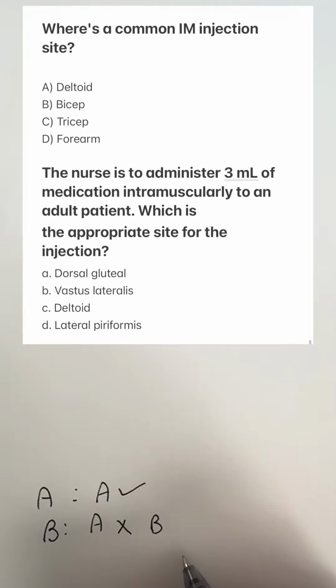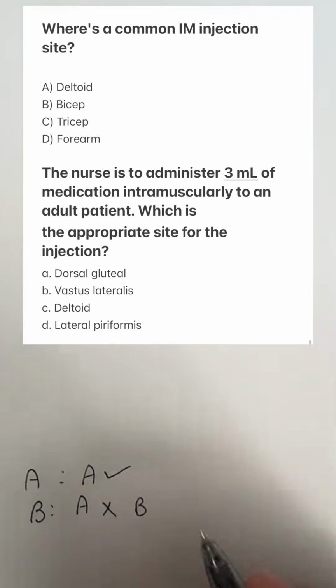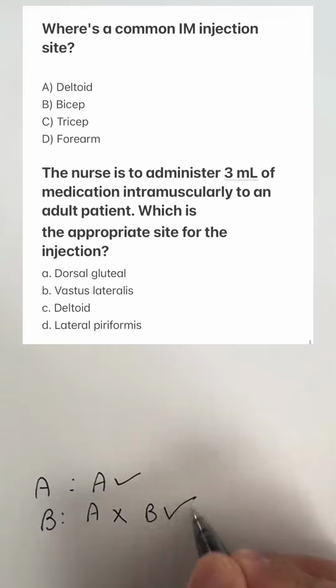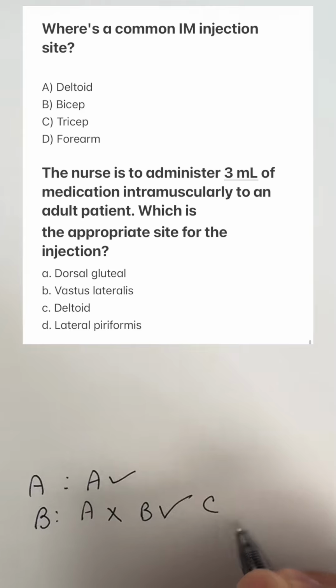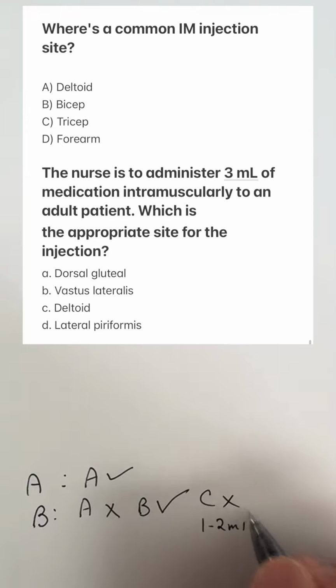B is vastus lateralis. What do you think about that? The vastus lateralis muscle is thick and well developed, making it an excellent site for injection up to 3 ml. We want to give 3 ml, so this is good for now. Let's go to C, deltoid. The deltoid can hold only 1 to 2 ml, so we can eliminate this one.